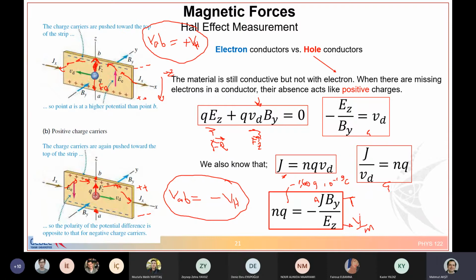And Tesla is Newton per ampere meter. Okay, amperes cancel out. And meters cancel out. And what you have is then Newton per volt Coulomb.